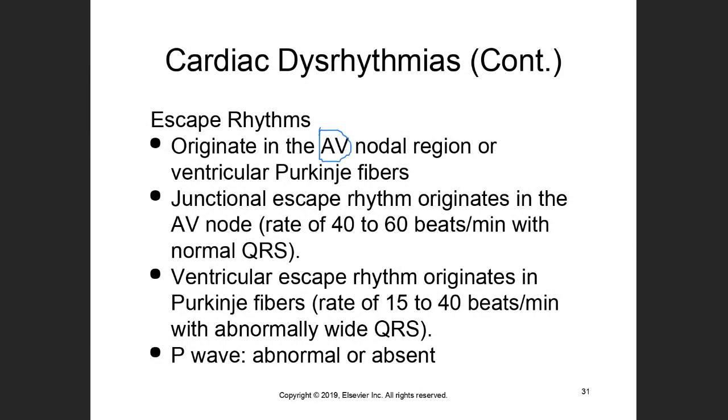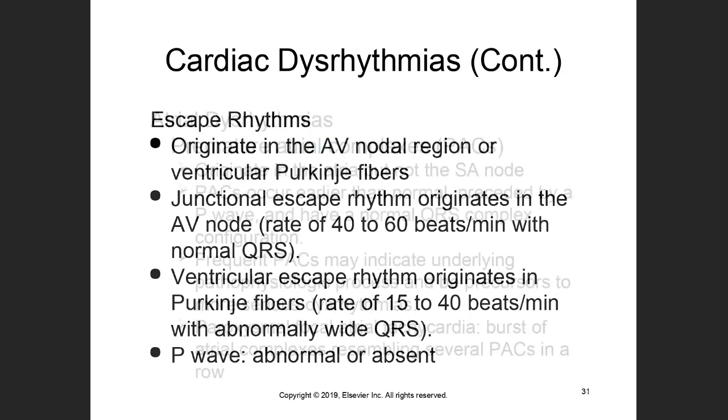Then the ventricular Purkinje fibers, so from the AV node all the way down. Junctional escape rhythm originates in the AV node, at a rate of 40 to 60, with a normal QRS. Ventricular escape rhythm originates in the Purkinje fibers and is even lower, and the P wave is abnormal or absent.